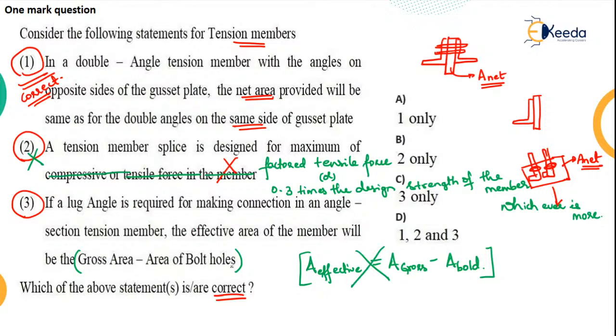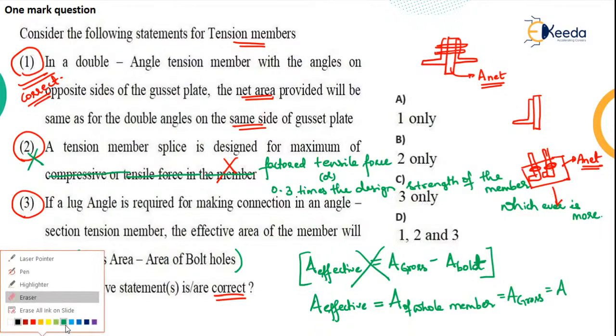The correct answer is whatever is the total area, that should be taken as the effective area. So the effective area should be equal to the area of the whole member. You should not subtract the bolt area. You can call it the area of the whole member, the gross area, or the total area, in whichever format you would like.